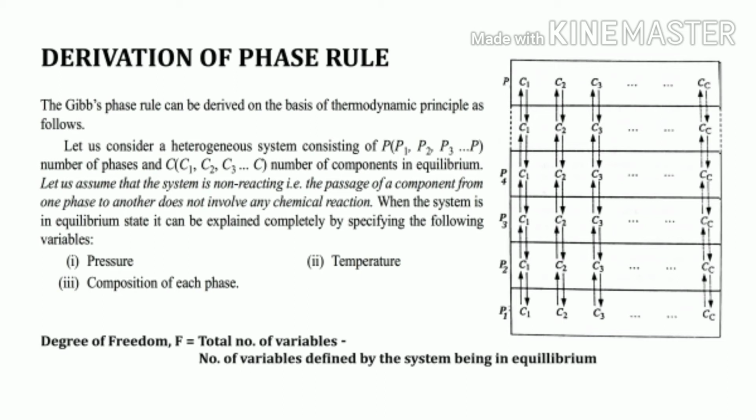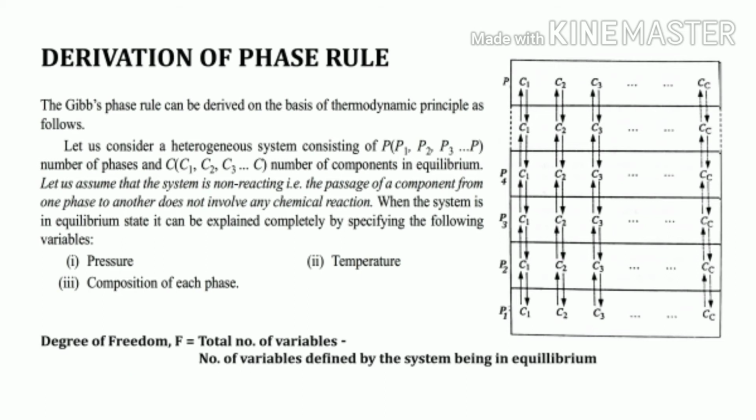When the system is in the equilibrium state, it can be described completely by specifying the following variables, that is, temperature, pressure and composition of each phase. Now the degree of freedom f is given by the equation: degree of freedom f is equal to the total number of variables minus the number of variables defined by the system being in equilibrium.